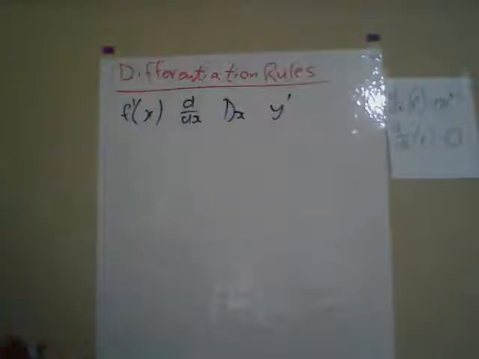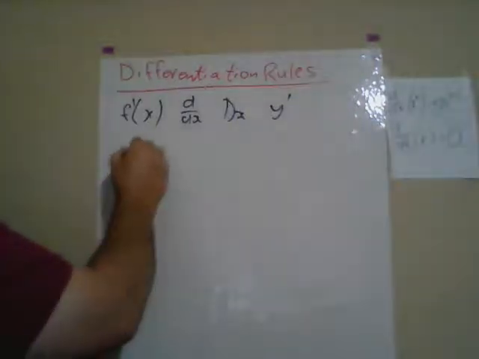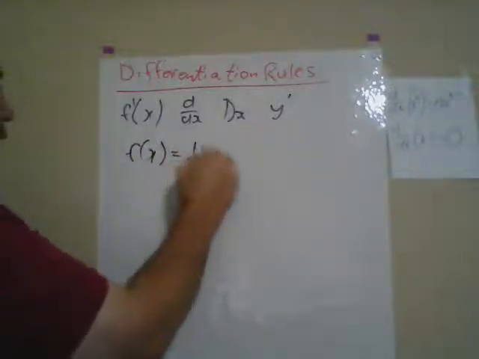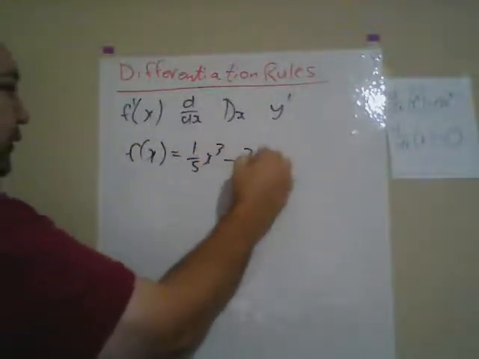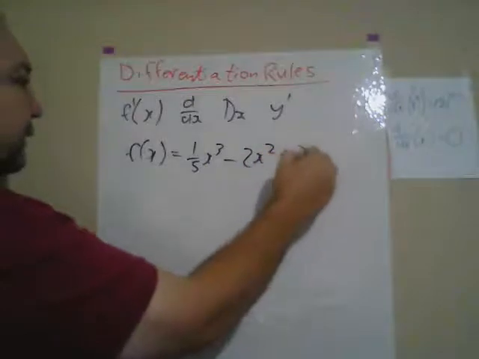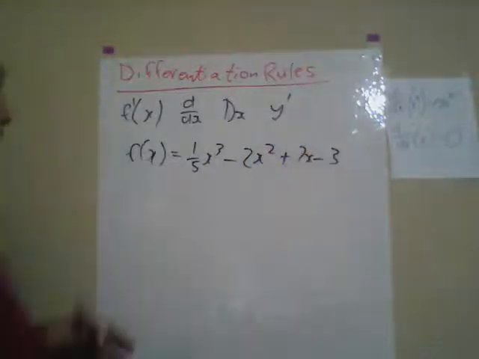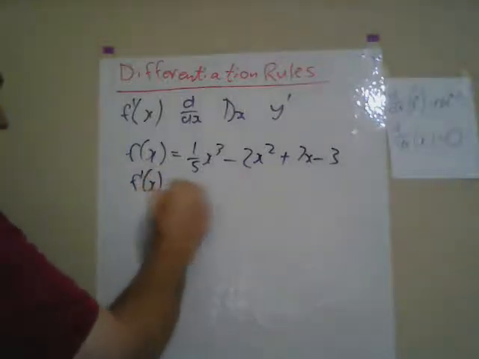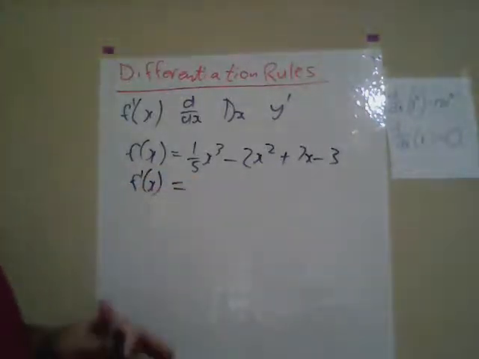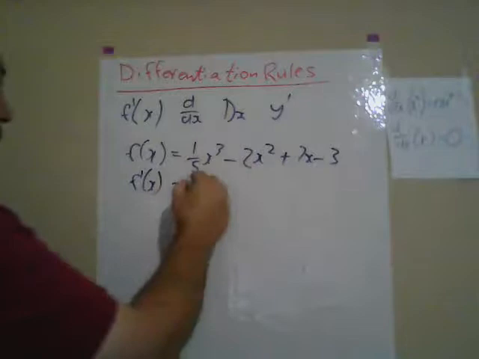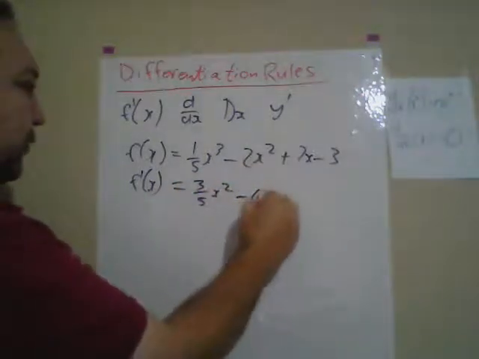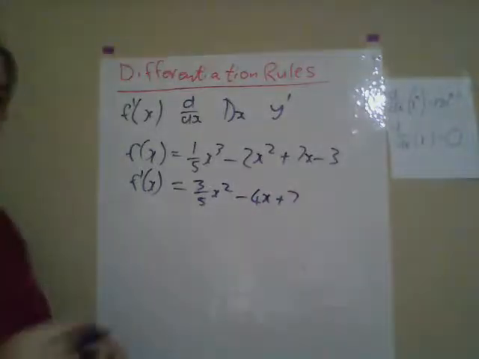Obviously, if we get something like f(x) equal to 1 over 5 x to the 3 minus 2x squared plus 7x minus 3, we will use f dash x. We don't want to complicate things, which will give us 3 over 5 x squared minus 4x plus 7.